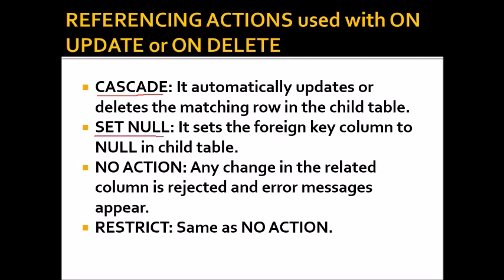Similarly, set null. It will set the foreign key column to null in the child table if a column has been changed or deleted in the parent table. No action means any change in the related column is rejected and an error message is displayed if any change is made which is violating the rules of foreign key.